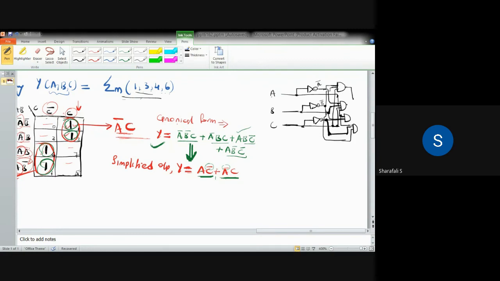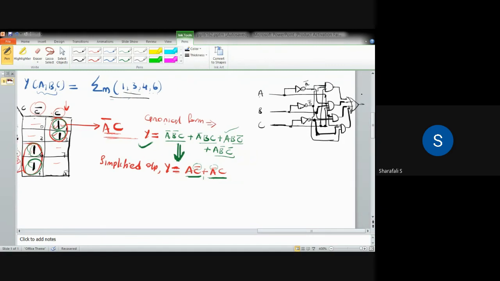Then all these AND gates I have to connect to an OR gate with those OR operations, plus, plus. So this is my Y without the simplification, which means that it is in the canonical form. If you are making the circuit to get that particular output, then you have to consider all these components.